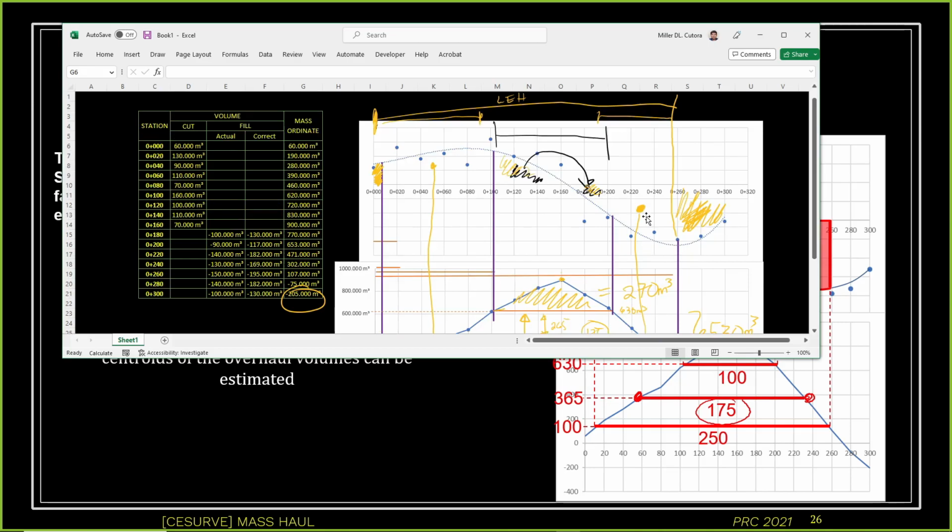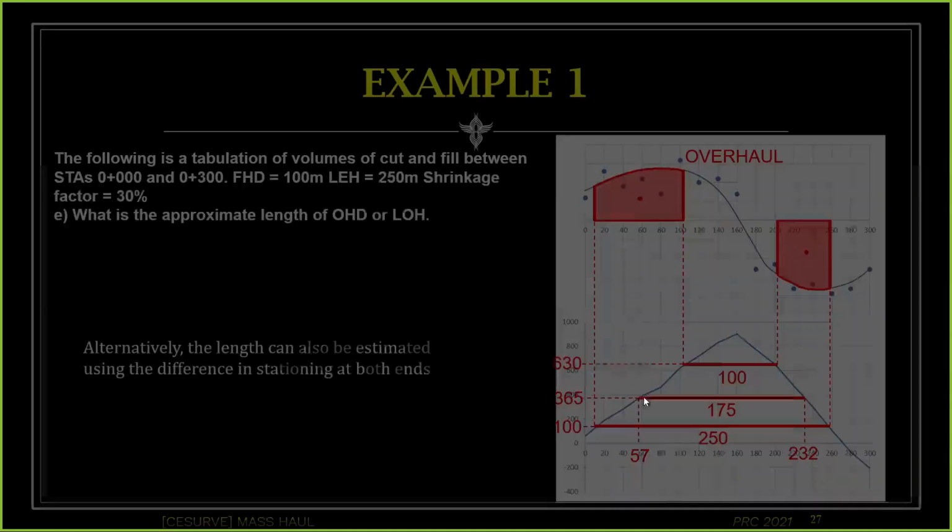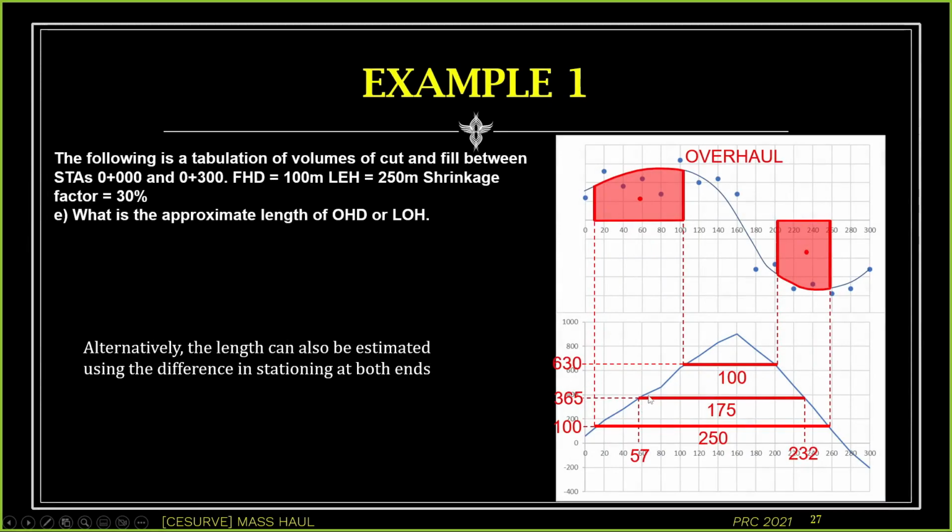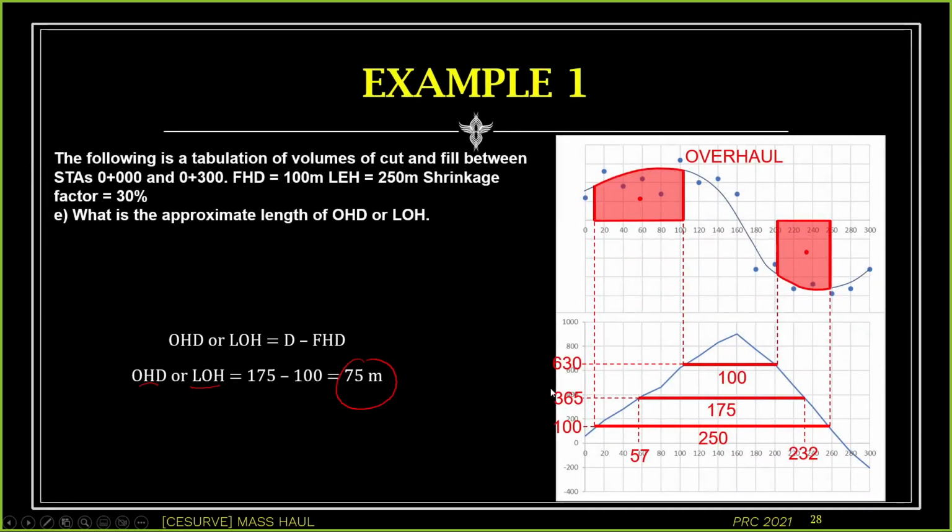If you could still remember, sa figure natin kanina, that is the D. Diba? 175. Then, alternatively, pwede natin i-locate pababa, 232 yung location ng station. So, here, 175 minus 100, that would be the overhaul distance na.